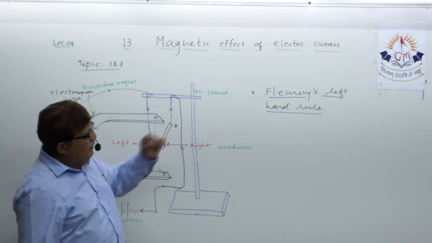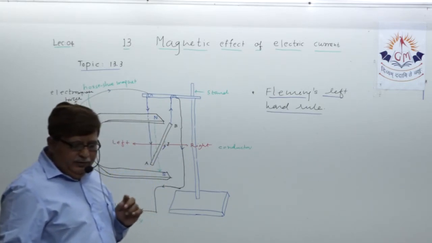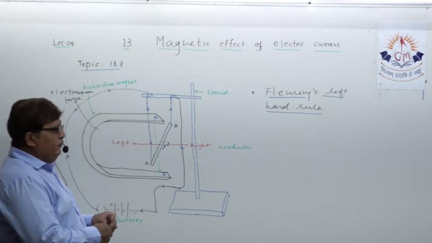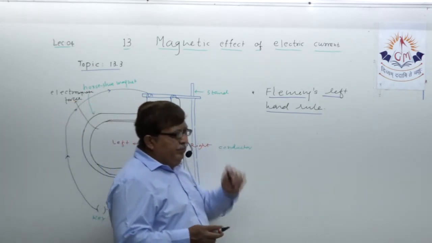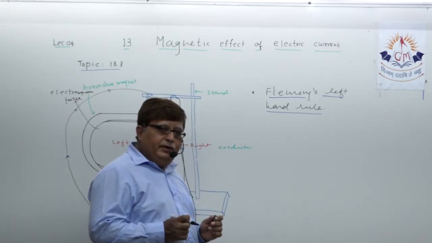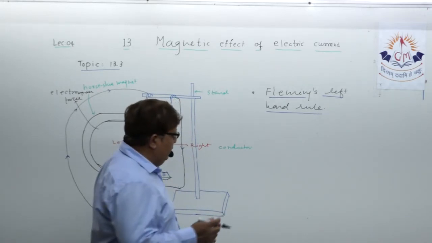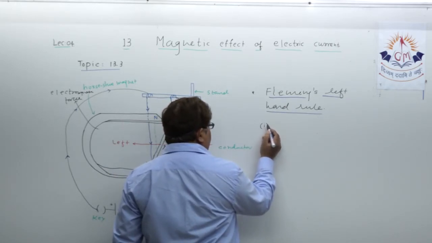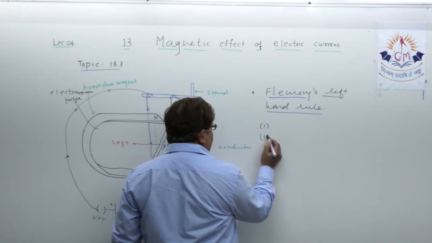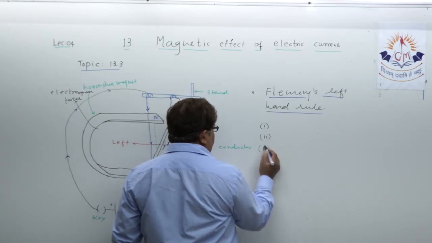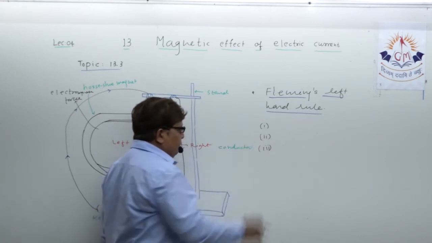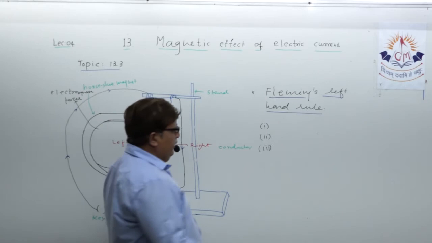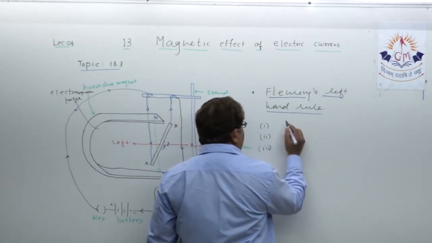Okay. So my dear student, in the exam you may be asked about the experiment, Fleming's left hand rule. Understand, Fleming's left hand rule gives us an idea regarding the interrelation of the direction of what?